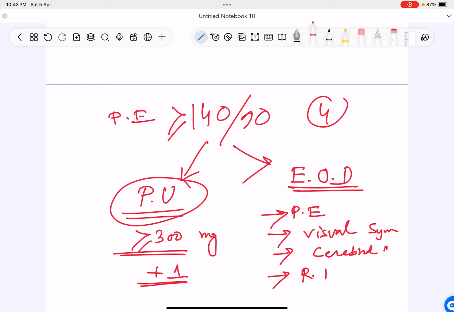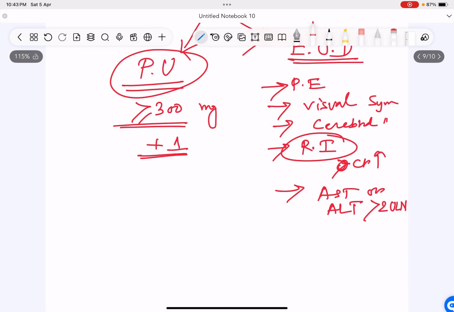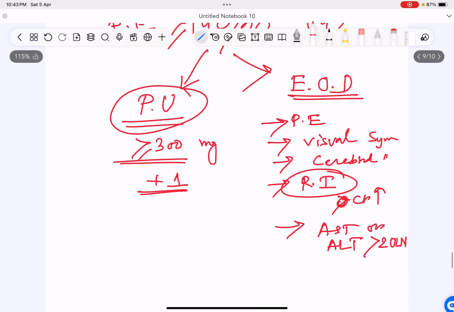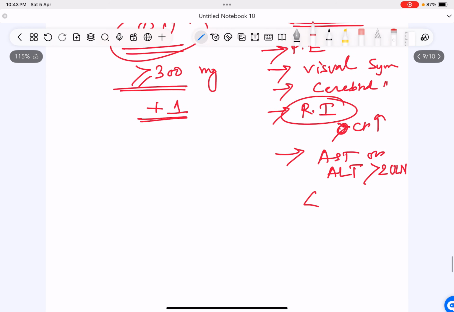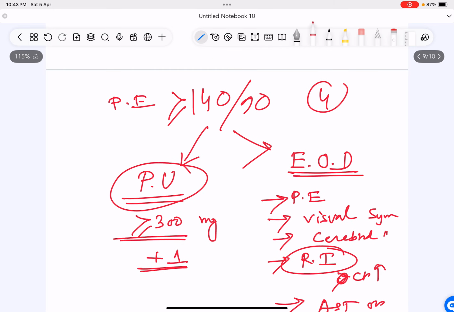You have features of renal insufficiency like serum creatinine going up, or you have features of impaired liver function like AST or ALT going 2 times of the upper limit of normal. So liver functions are getting impaired, renal insufficiency, or you have thrombocytopenia, platelets less than 1 lakh per microliter. So these are all criteria of end organ damage. Along with that, if you have raised BP, it's a preeclampsia.